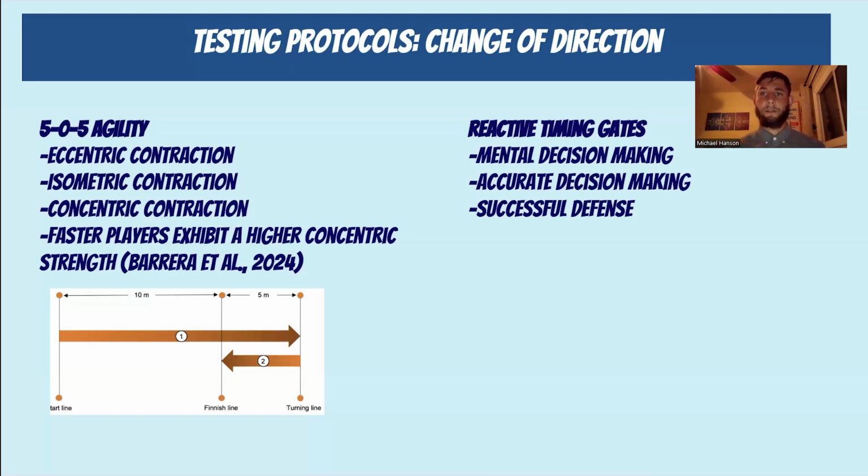It's also going to pick up their reaction time to which step they make. So we're going to be able to read how fast they are and how fast their decision making is. And obviously this is going to be important for how well our guard's going to perform on defense. So this is a great metric for us as coaches to use. If we need to work on change of direction, or we need to work on speed, this is going to give us a great idea of how we can program.